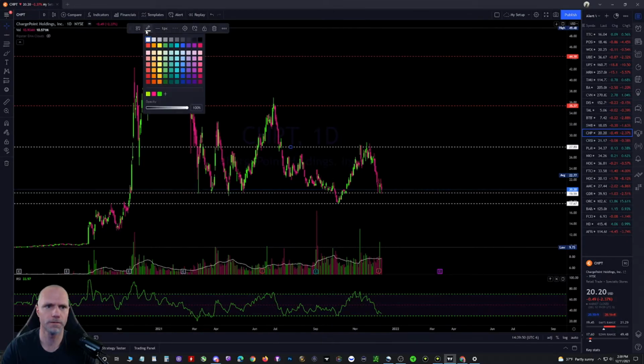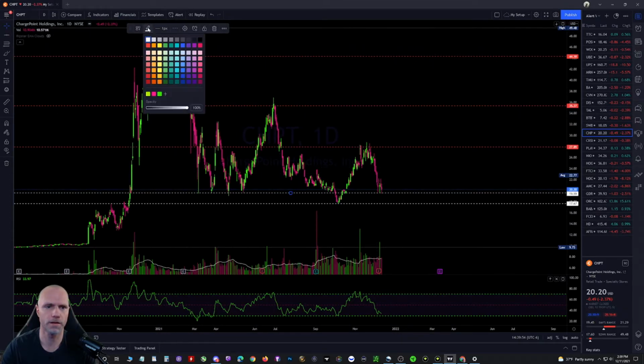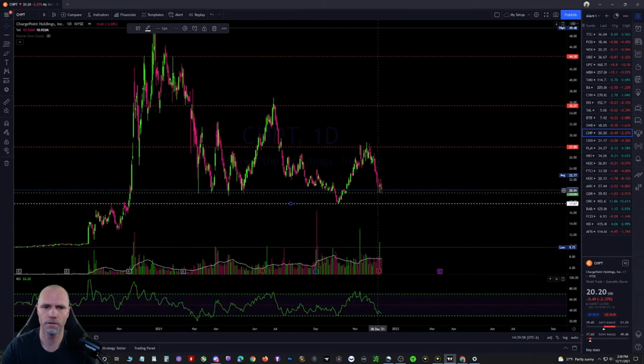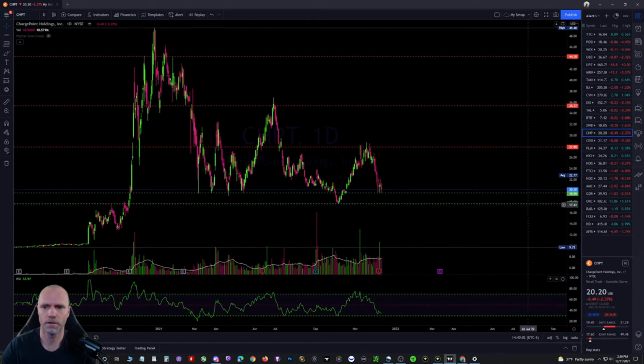Same thing here. And then down here we've got our support lines. Click on it and we'll make those green. And just like that, it's a little bit more clear to understand that green is support, green is good, red is resistance, red is bad.